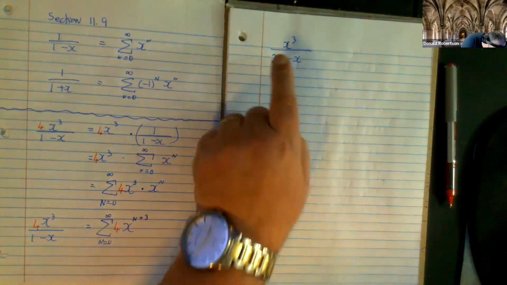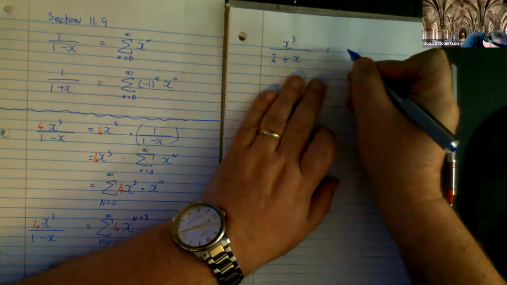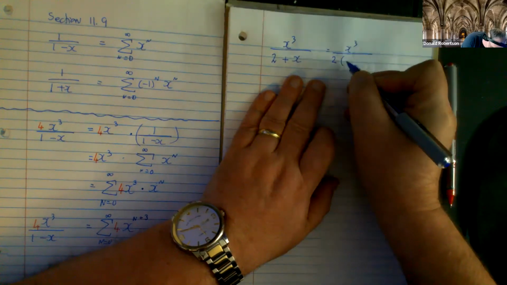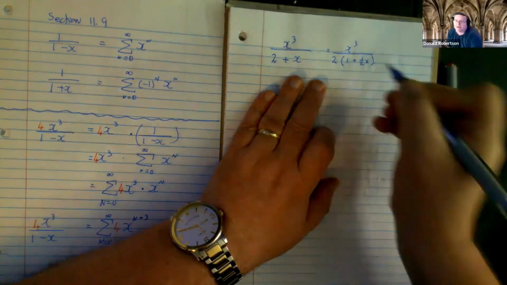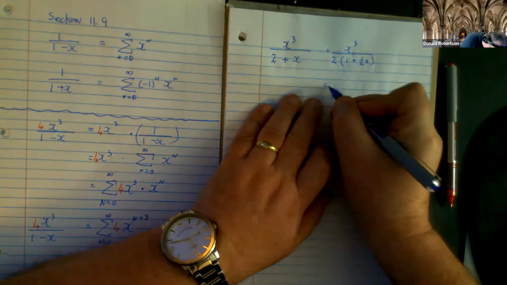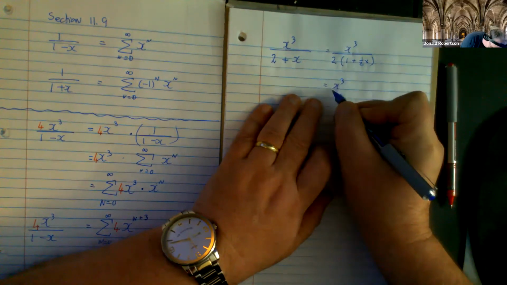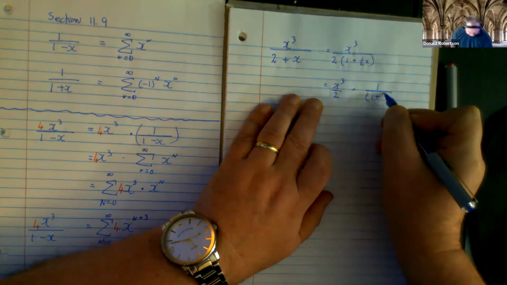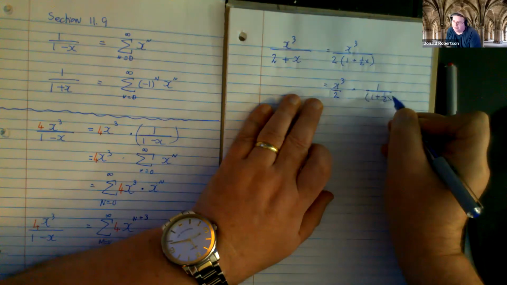So I'm going to call this x cubed, pull out the 2, and get 1 plus a half x. So far, so good? I'm then going to separate it as an x cubed over 2 and a 1 over 1 plus a half x. You comfortable with that?